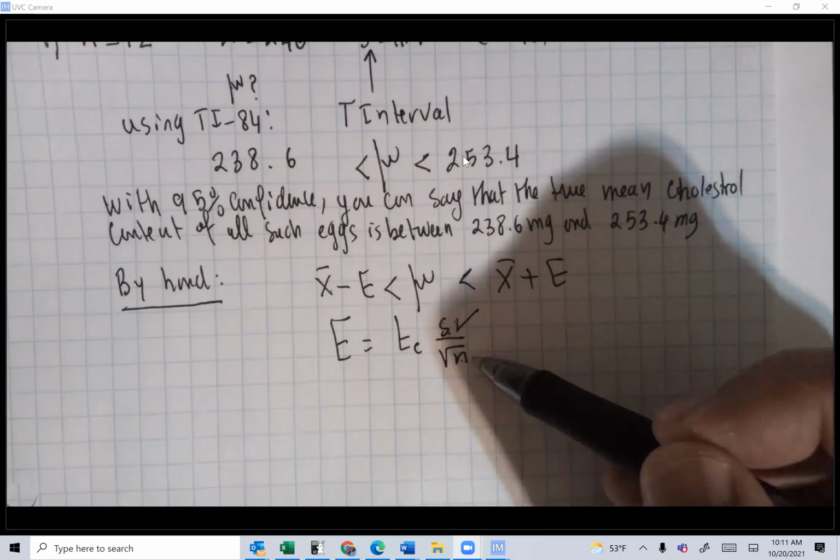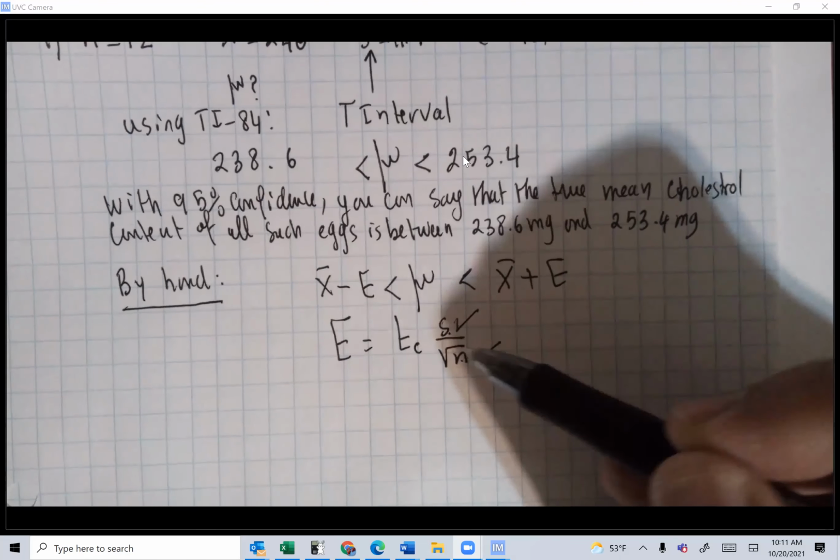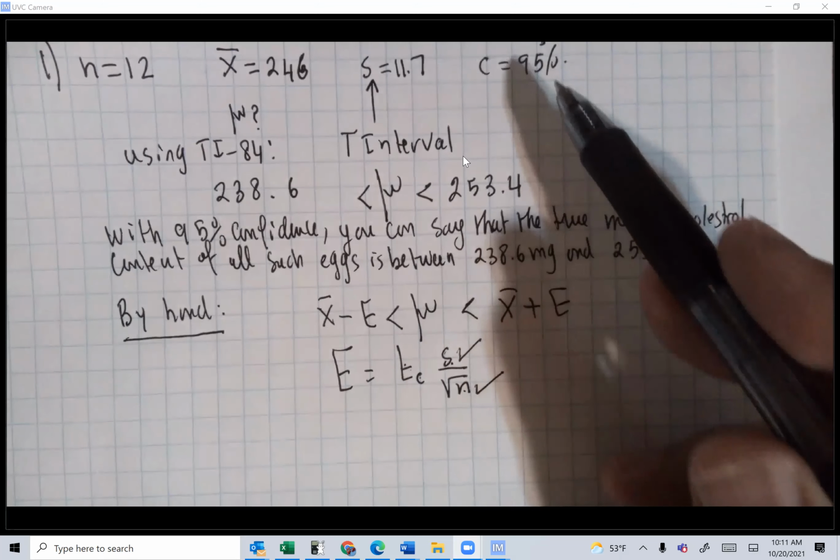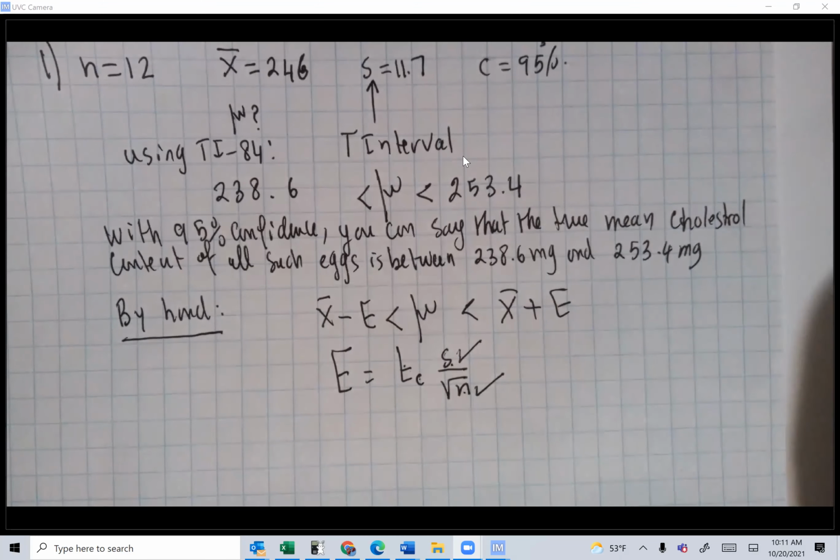N is the sample size, that's given. t_c is the critical value, but he gives us the confidence level, which is 95%. How do you find t_c, guys? I showed you on Monday how to do that using table 5.